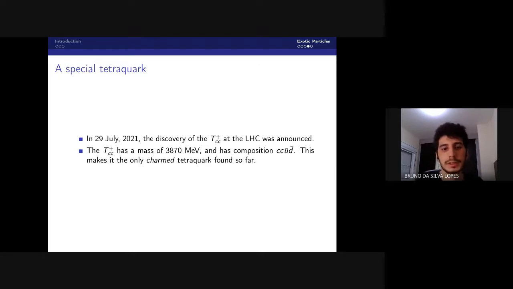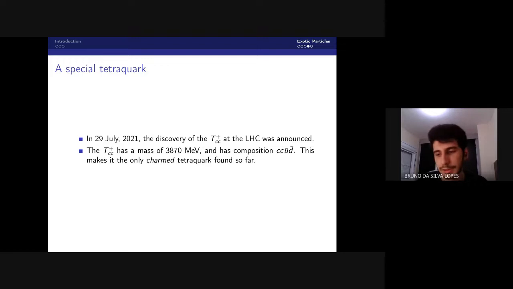And this makes it the only charmed tetraquark we have found so far. Charmed means you have a property called charm, which is the difference in number of the charm quarks and antiquarks. So since this particle has two charm quarks, it's said to be charmed. And it was the first tetraquark with this property we have observed.